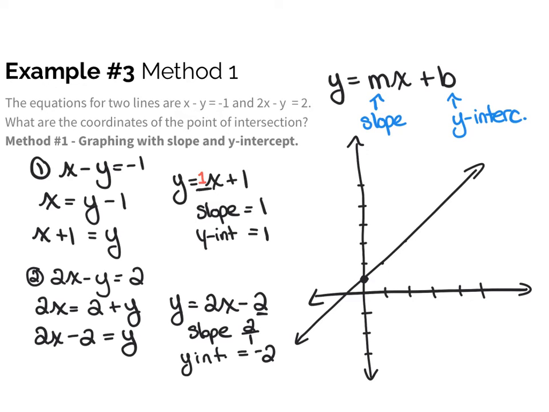And then for the second one, our y-intercept was at -2 and our slope was 2 over 1. So up 2 over 1, up 2 over 1, up 2 over 1. And so we had a line that went like this. And here was our intersection point, which was at 3, 4. So that's how we did it with the slope and y-intercept form.